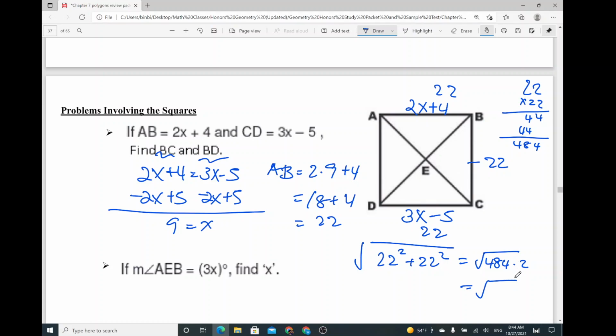You want to simplify it a little bit, so before multiplying, we take the square root of the perfect square, and it's going to be written as 22 root 2.